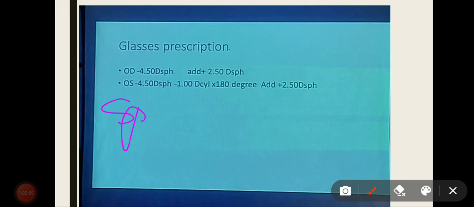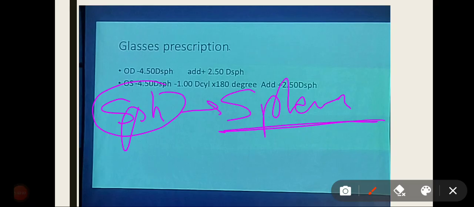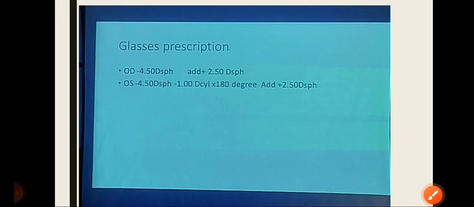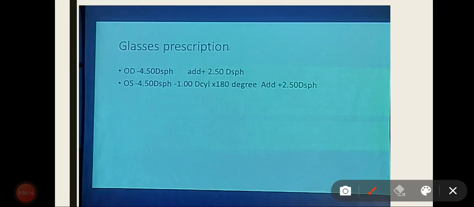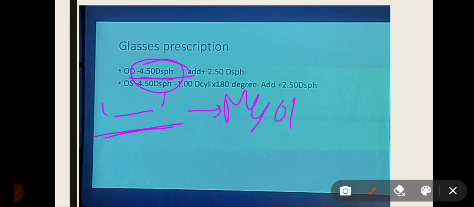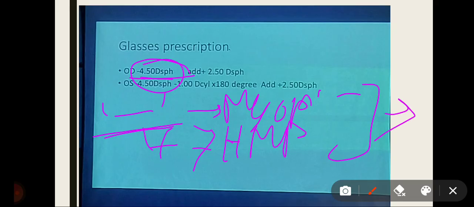SPH is for spherical or sphere. It indicates the spherical refractive error. It corrects myopia or hypermetropia. About the values: minus is for myopia and plus is for hypermetropia.